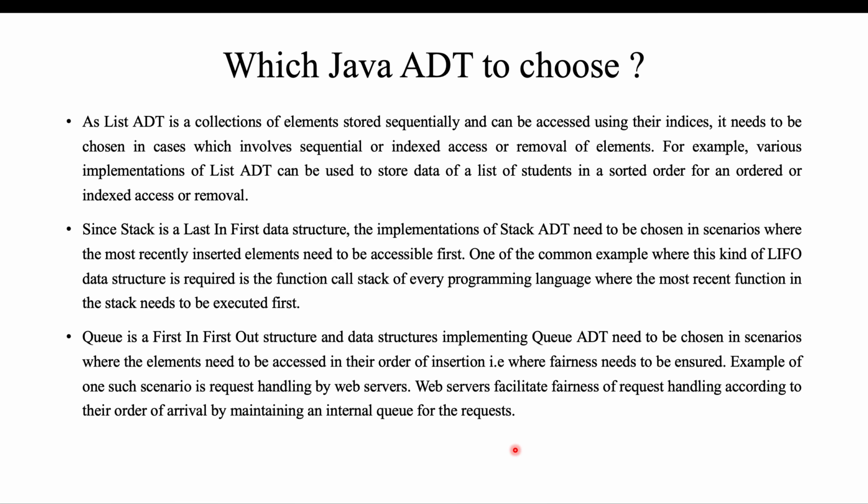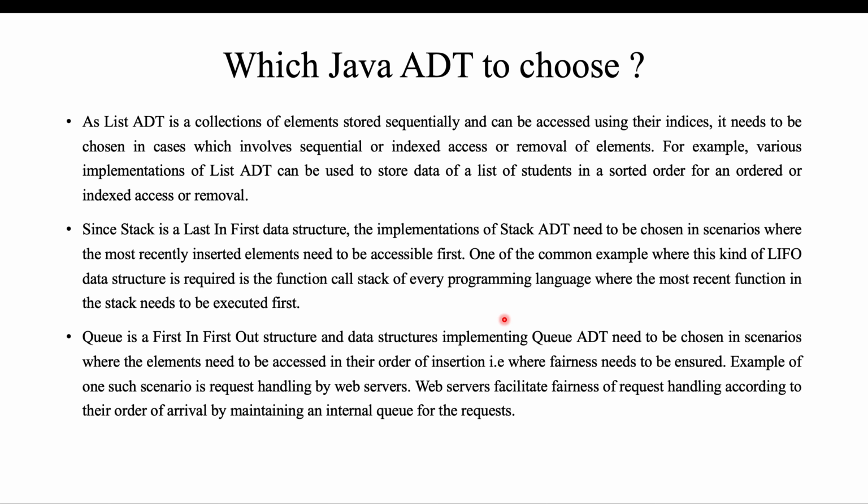Stack on the other hand follows a different concept. This kind of LIFO data structure would be required in the function call stack. We will learn about this in every programming language, and there the most recent function in the stack needs to be executed first.